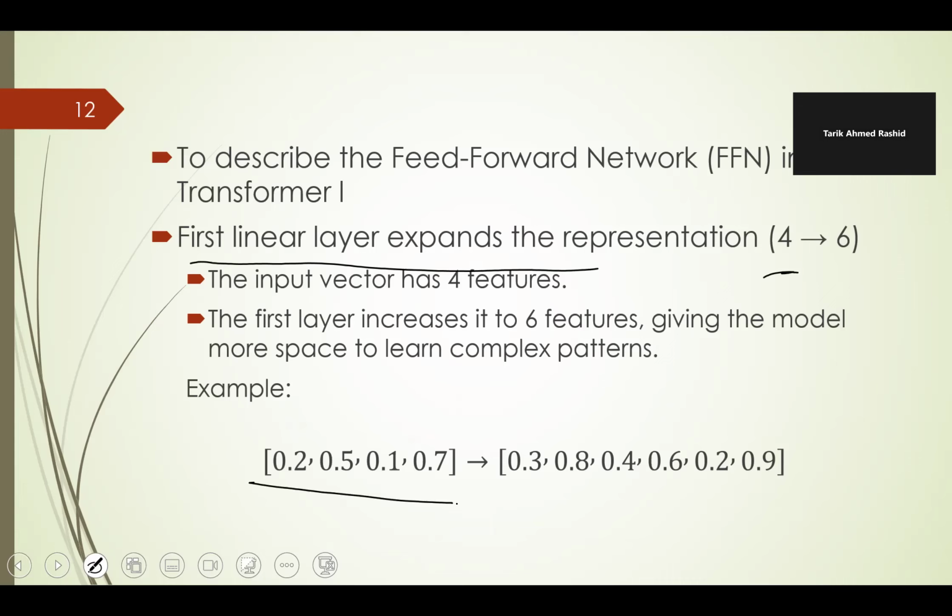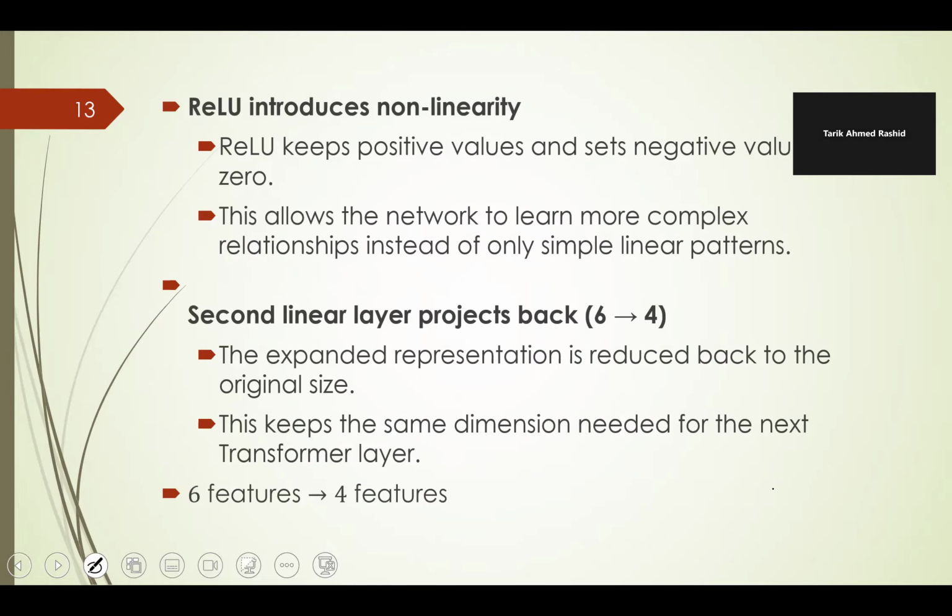If you have 4 features and change it to 6 features, it means that you are dealing with difficult, complex patterns. Now, what does ReLU do? It keeps negative values at 0 and takes the maximum of the positive values. It helps the network learn to deal with more complex relationships instead of just linear patterns.